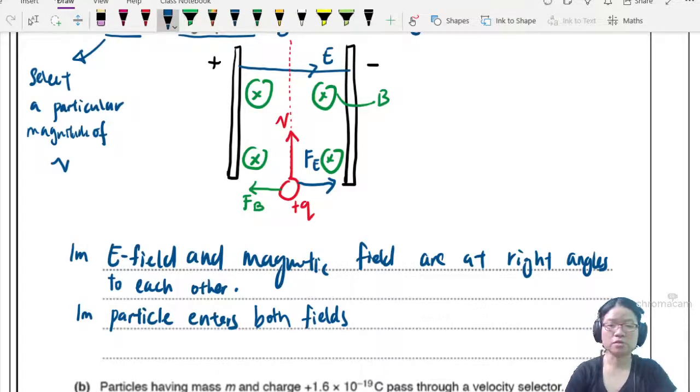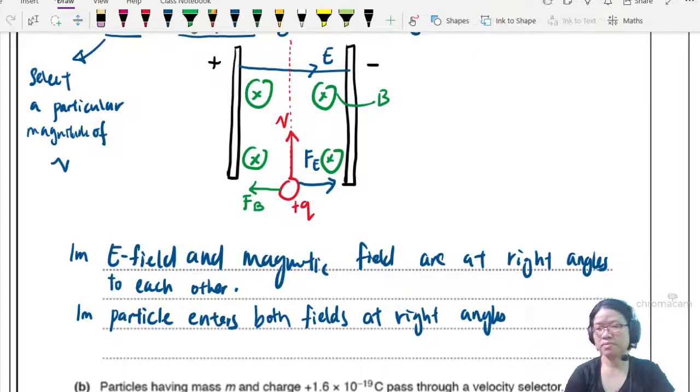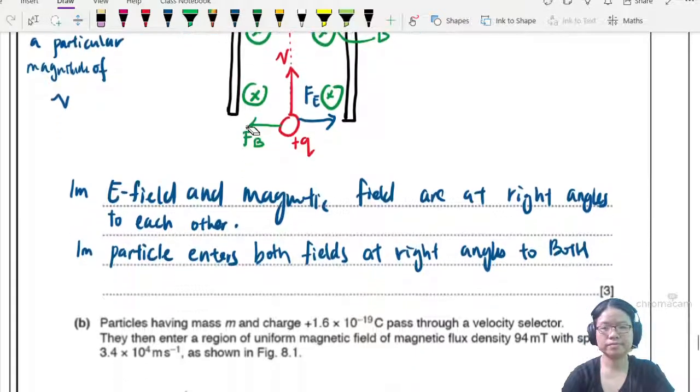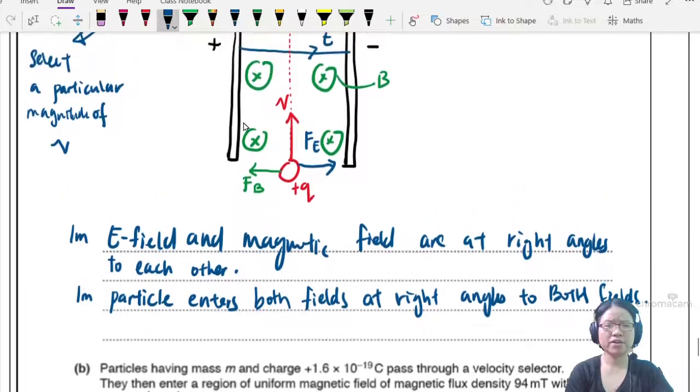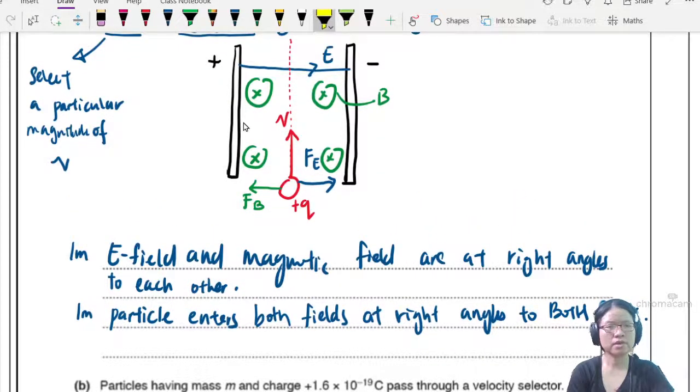Enters both fields at right angles to both fields. This one I can also show in the drawing. But we haven't answered the question, this one: select a particular or a specific magnitude of V.